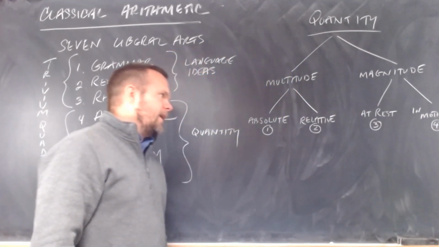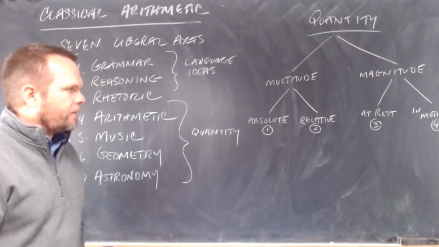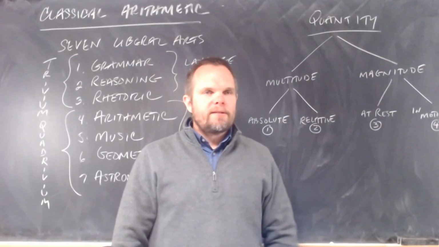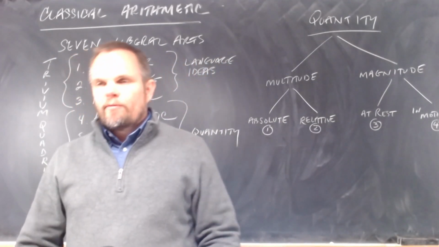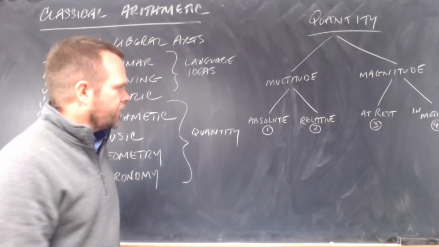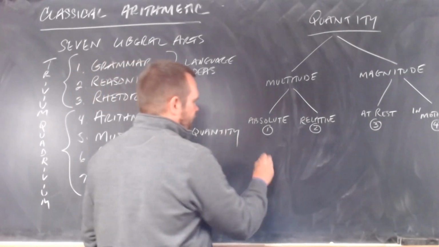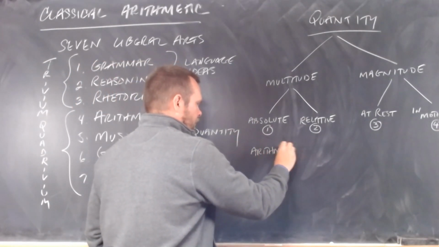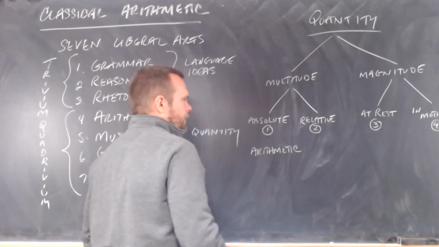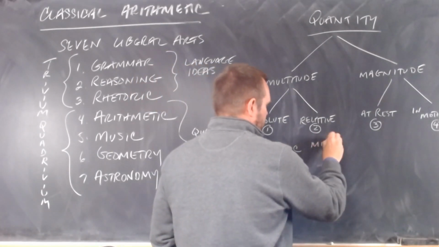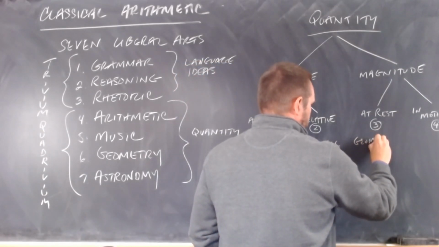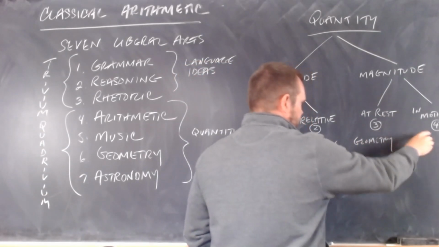And if we want to study these four different kinds of quantity, we need four different sciences. And those four different sciences are arithmetic, music, geometry, and astronomy.